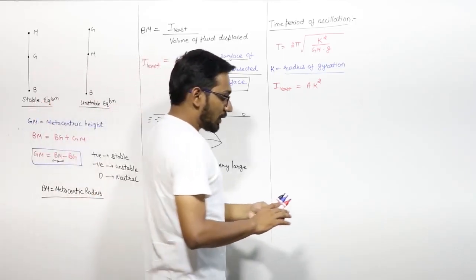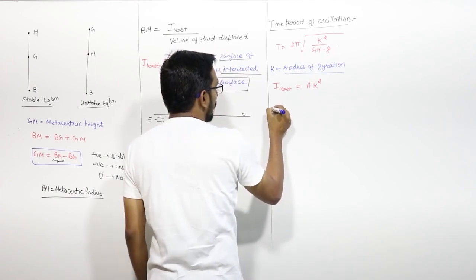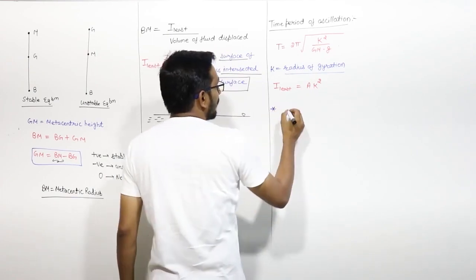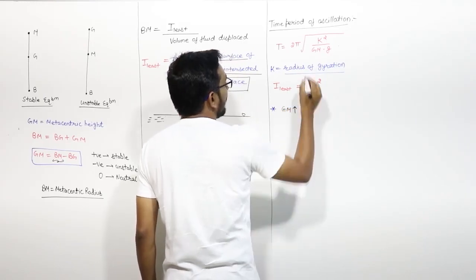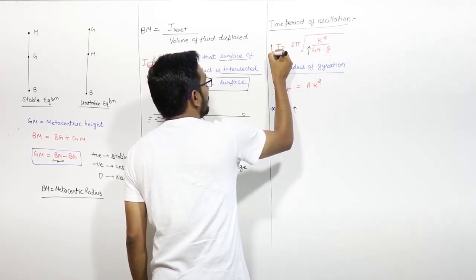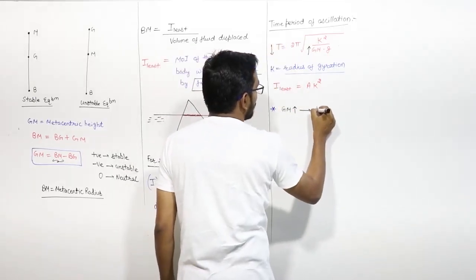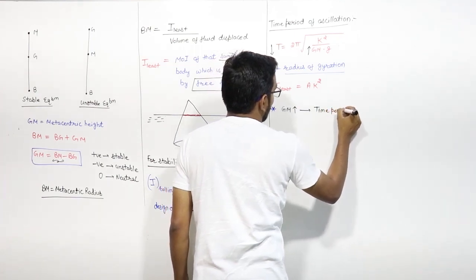So if you see from this formula, the most important concept is, if GM is very high, if this GM is large, then this time period will be less. If GM is more, then the time period of oscillation is less.